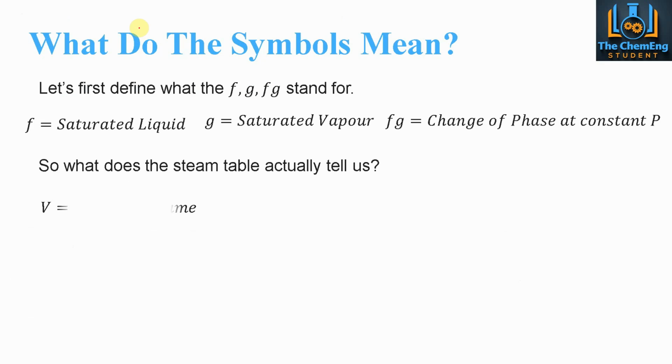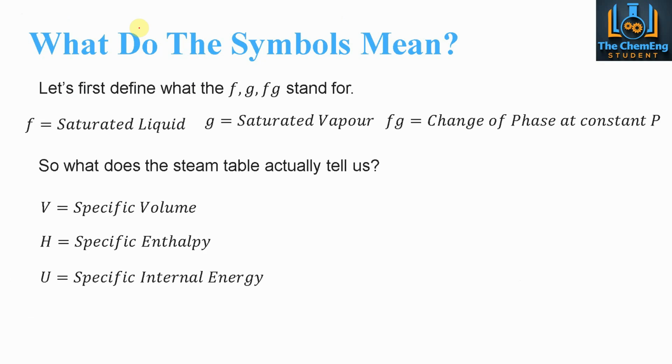Now, moving from V, H is known as the specific enthalpy. Enthalpy is a term that we should be familiar with as chemical engineers. If you're not, then please do check out our other videos on thermodynamics, whereby we talk about specific enthalpy. U is known as the specific internal energy. And then S is known as the specific entropy.